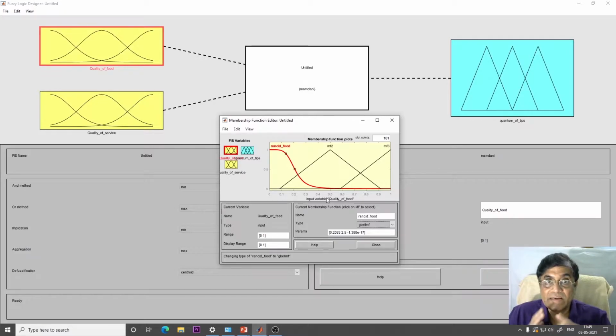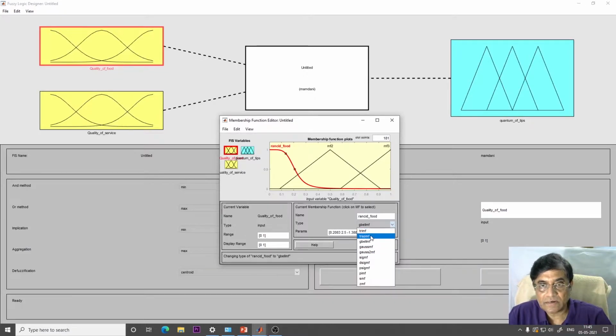But if you are an expert and you have a lot of data, you can design your own membership function as well. Otherwise, there are very commonly used membership functions, which are normally sufficient to make a design, and you can select from there. I could select Gaussian also, but I just selected this one, and they have a role, of course, on the quality of the design. So for rancid food, I have used a Gauss bell type of membership function.